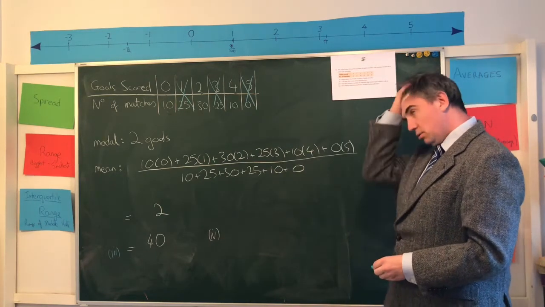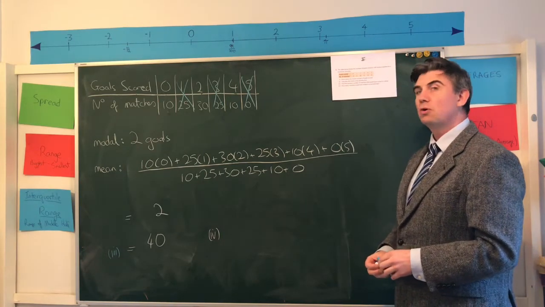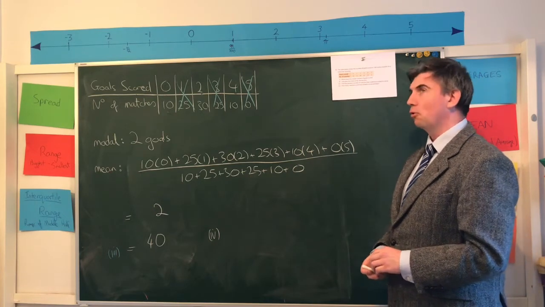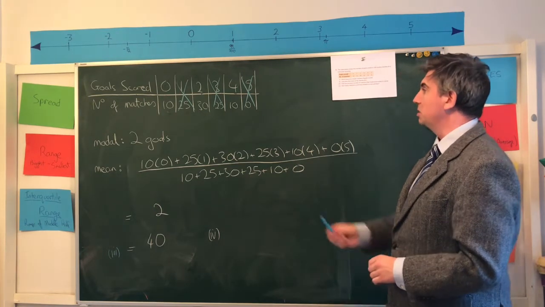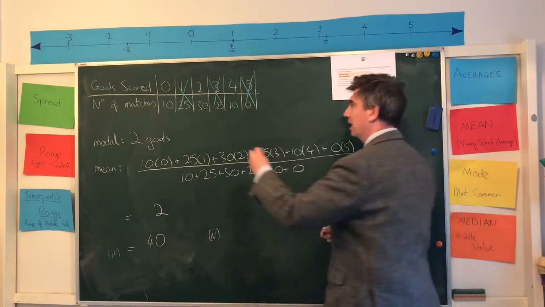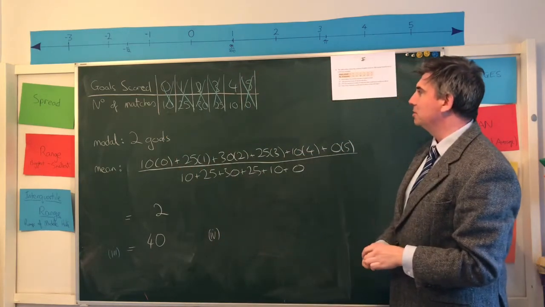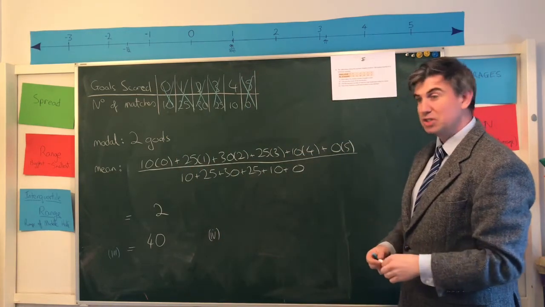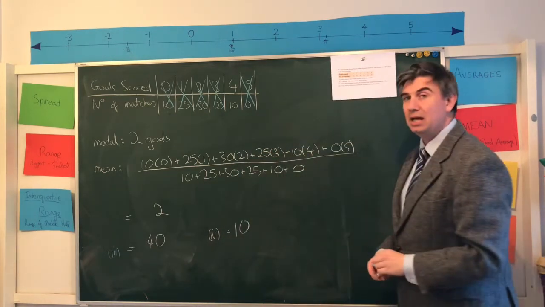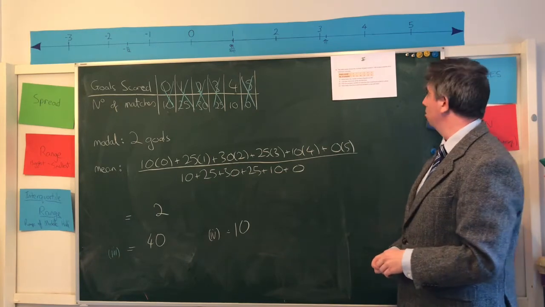Okay, so if it was a 2-all draw, how many goals were scored in that game? Yeah, there was 4 goals scored, which means we're in this column in here. So we're going to cancel these out. We're going to cancel these out. So we're talking about just 10. There's only 10 games in which it could have been a 2-all draw.